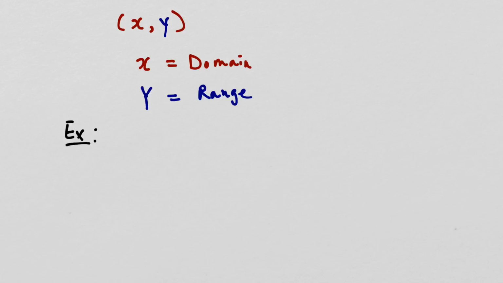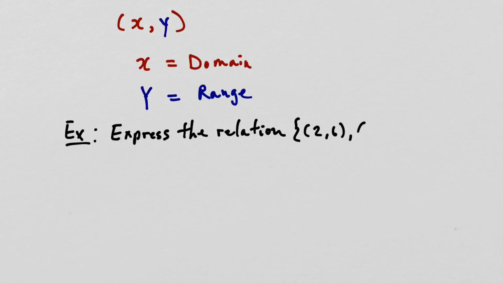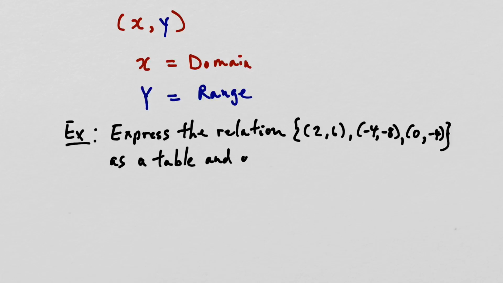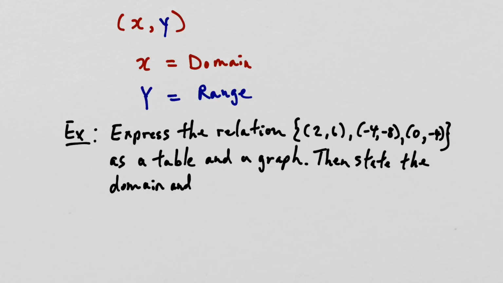Let's say that it says express the relation, and then they give you a set of coordinates: (2, 6), (-4, -8), and (0, -4) as a table and a graph. Okay, then state the domain and range.